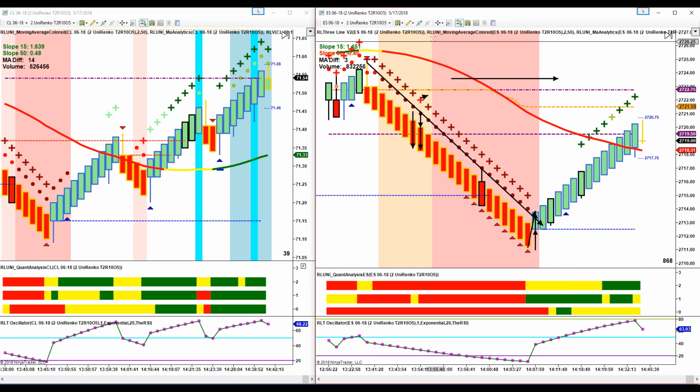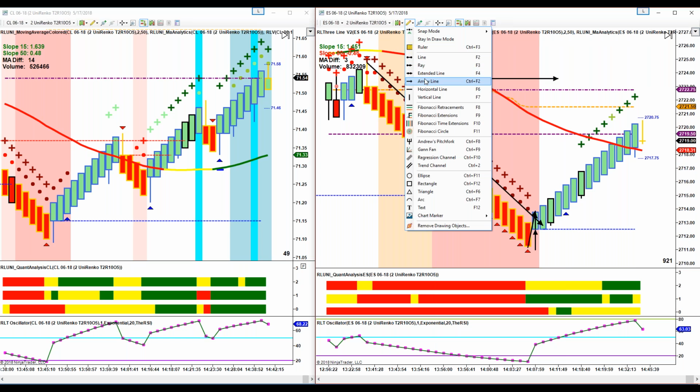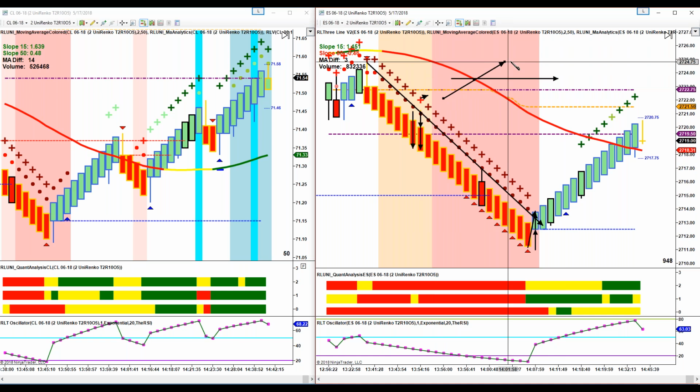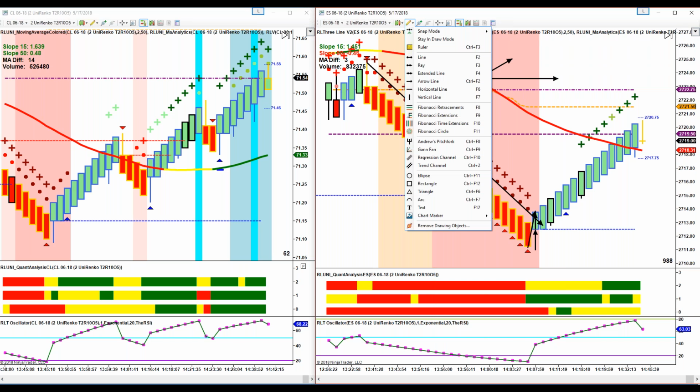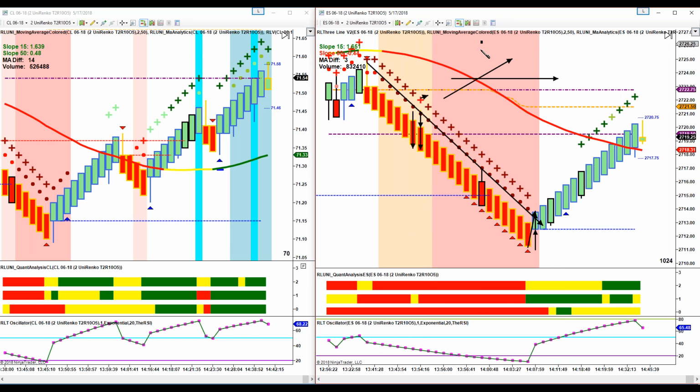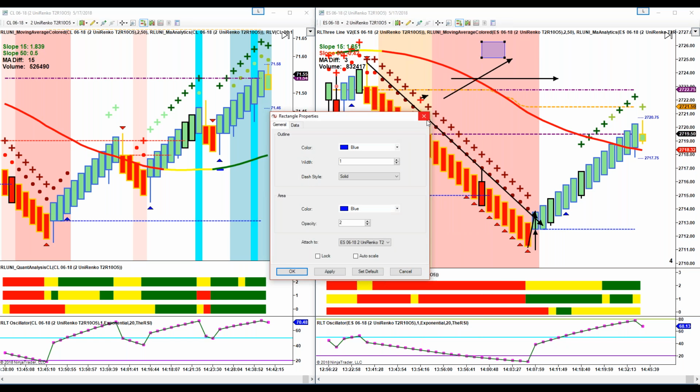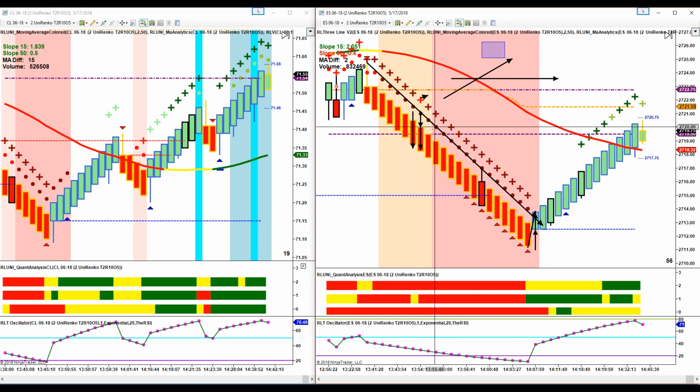So they're looking at the 50, they're looking at the 15, and they're looking where price is. So they're doing a really sophisticated analysis. But this is only occurring on two markets, the NASDAQ and the Russell.